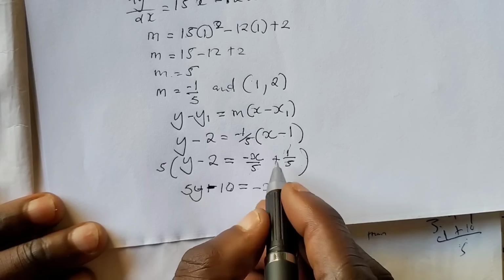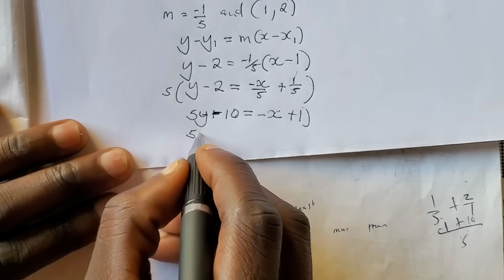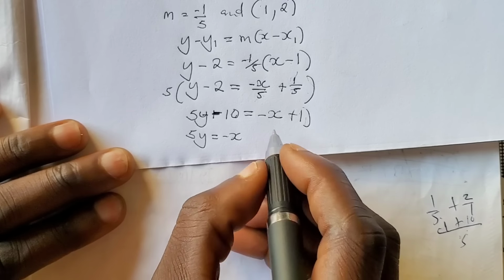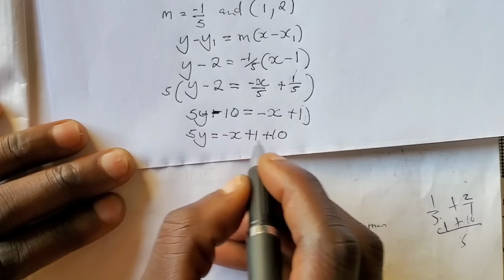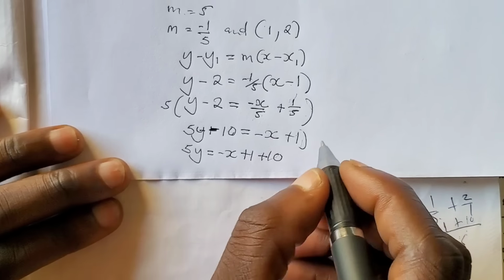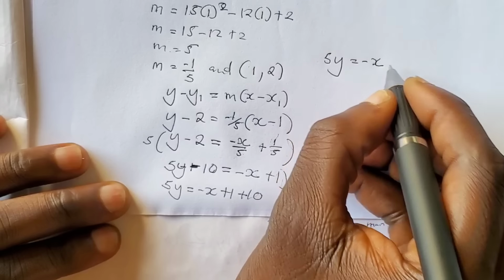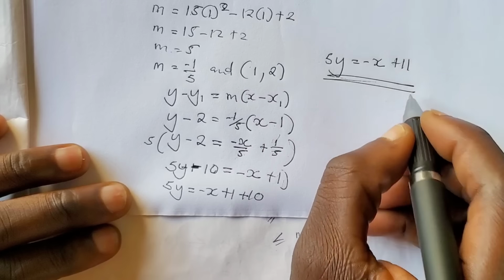This and this will cancel, will just remain with 1. Okay, so here we just have 5y minus 10 is equals to -x plus 1, then the -10 crosses to the other side, it becomes +10, so +1 plus 10. Therefore, the final answer will be 5y is equals to -x plus 11, and this is the answer.